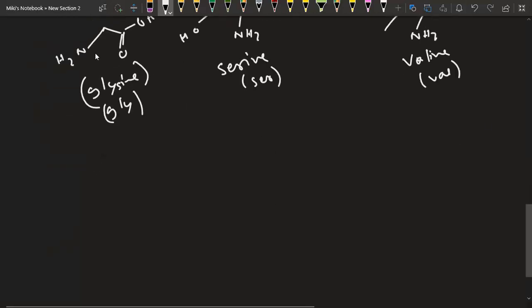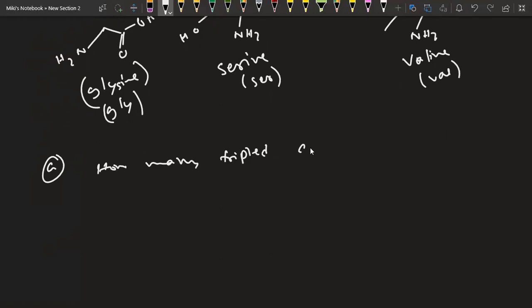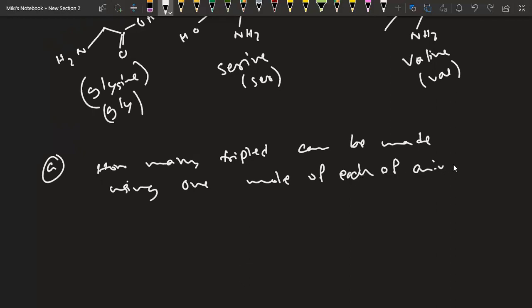Now they're asking how many different triplets can be made using 1 mole of each of the amino acids as shown.